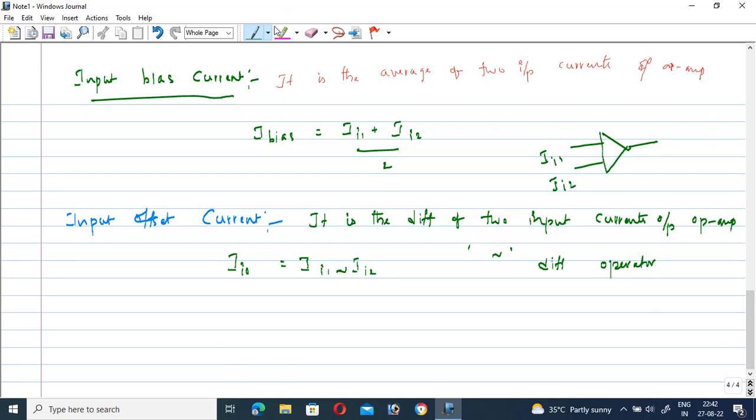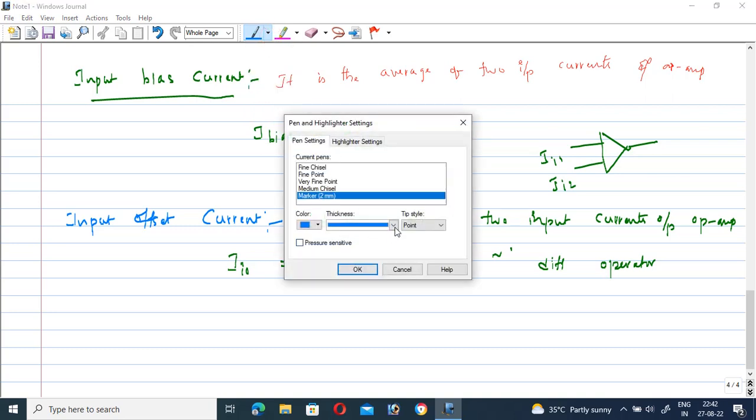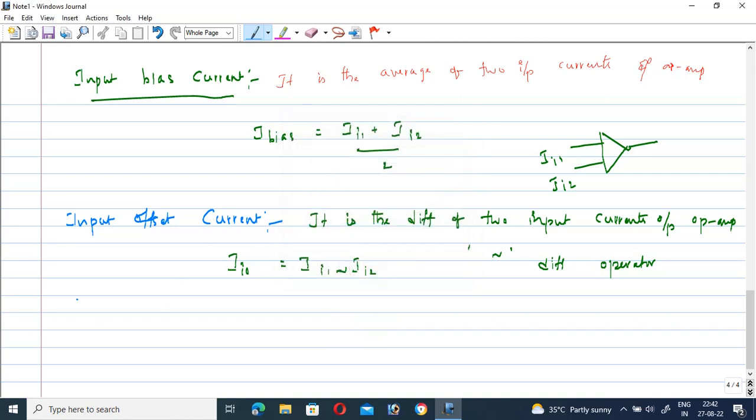Output offset voltage. Next one, output offset voltage. What is meant by output offset voltage?